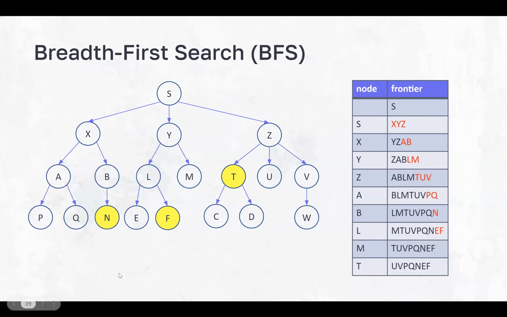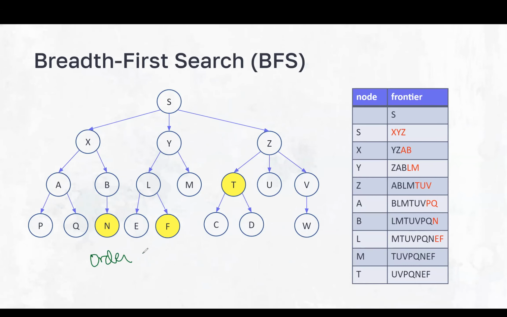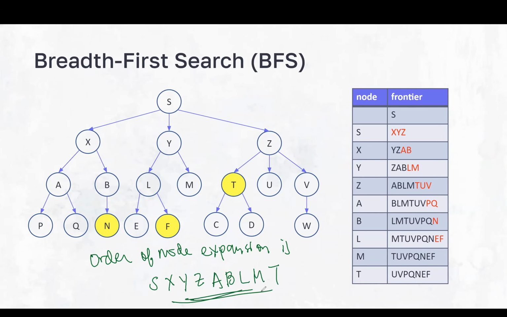So again, our order of node expansion is, you can write with arrows or without: S, X, Y, Z, A, B, L, M, T. So that's our answer.